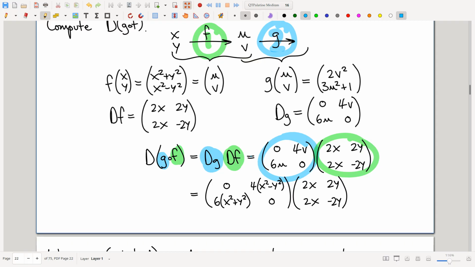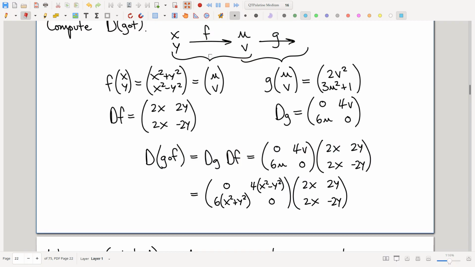And then again, you just have to recognize, well, we got to rewrite everything in terms of x and y. The composition, after all, is a function of x and y. If I need everything written in terms of x and y, what am I going to do about this u right there?